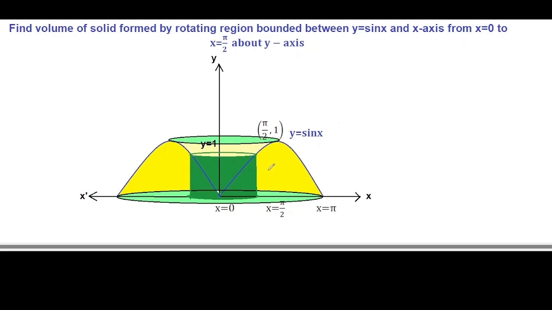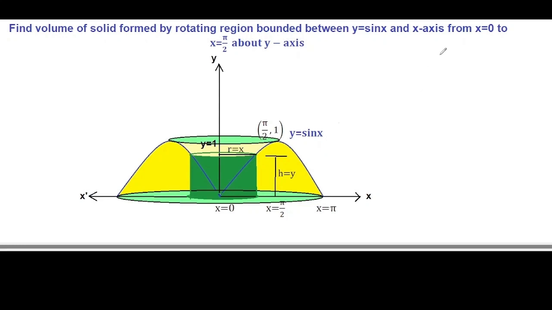For curved surface area, we need the radius and height of the cylinder. So this is the height of the cylinder, and as the height is the distance from the x-axis, the y coordinate of this point will give you the height of the cylinder. And this is the radius of the cylinder, and as the radius is the distance from the y-axis, the x coordinate of this point will give you the radius of the cylinder. So these are the height and radius of the cylinder.